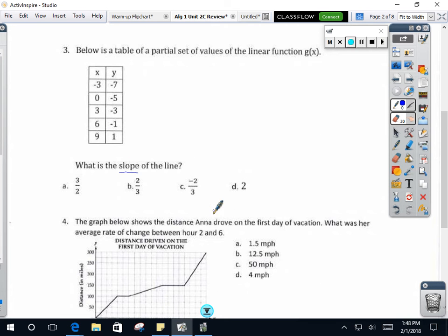How do you calculate the slope when you're given a table of values? Correct. That's the slope formula. And to use that formula, you have to have what? Points. 2 points. So which 2 points do you want to use?